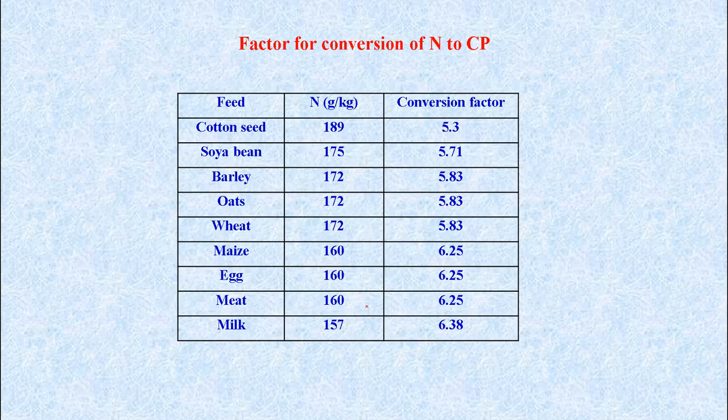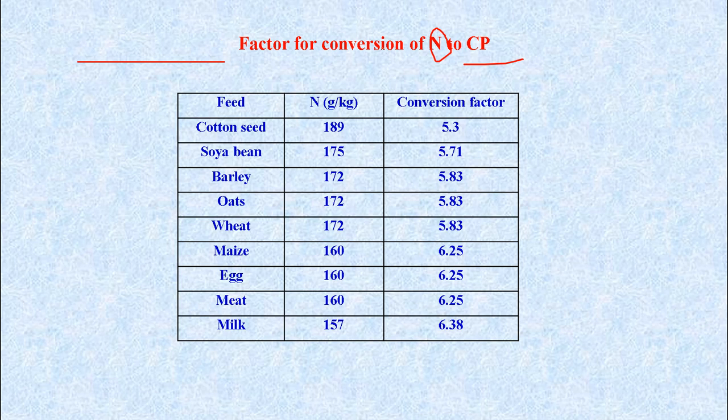So we need the factors which convert nitrogen to crude protein. Actually, nitrogen is the main source of the protein, so it is measured as available nitrogen per gram per kg of the feed.